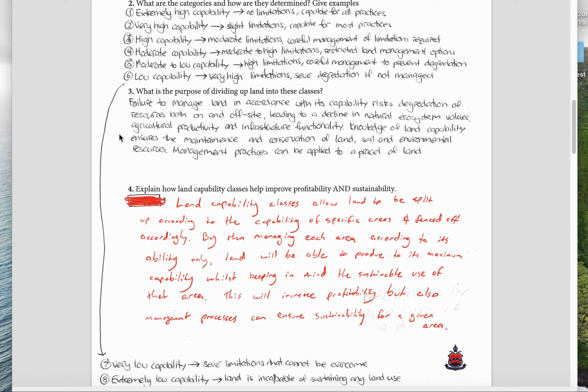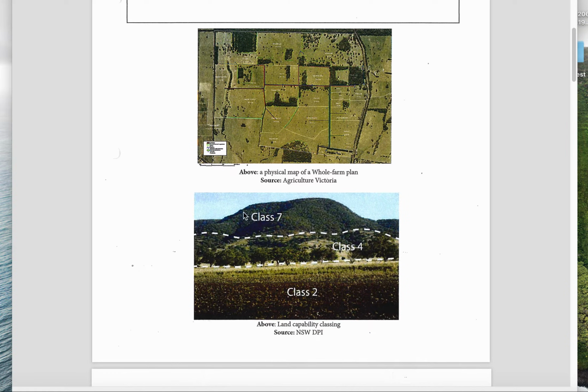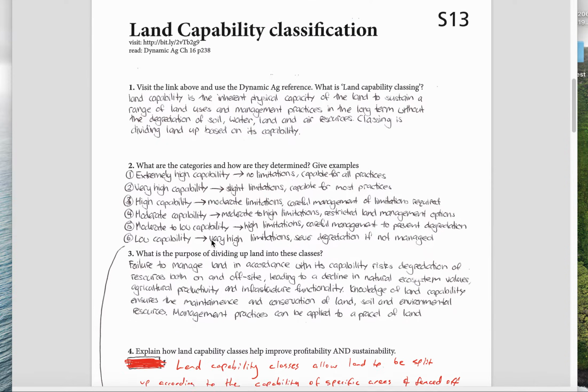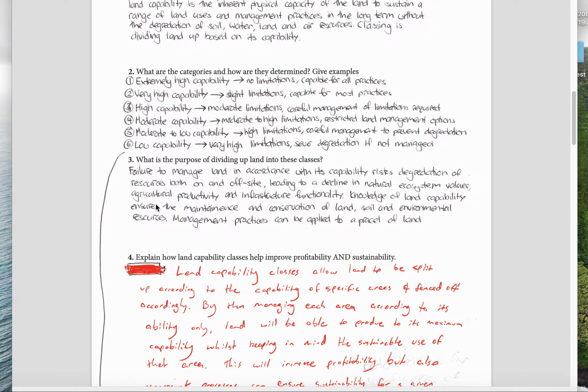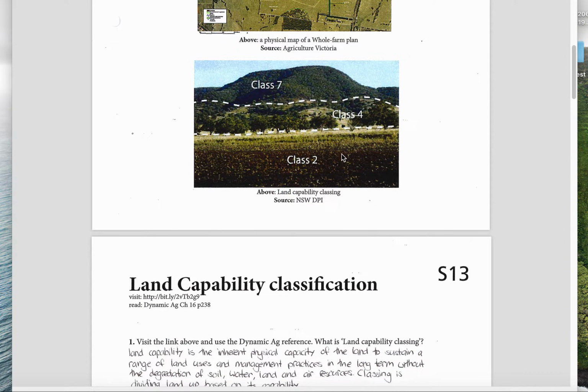The next point is, what is the purpose of dividing land up into classes? Now, if we divide each part of our land or property up into these classes, and we fence off each area, so you would have a fence separating class 2, you would have a fence separating class 4, what you can do is manage these areas differently. So for example, you don't want to manage an area 2 in the same way that you manage an area 4, because if you had animals grazing on here, it's not likely to cause much erosion, but if you had animals grazing up here, it's likely to cause significant erosion.